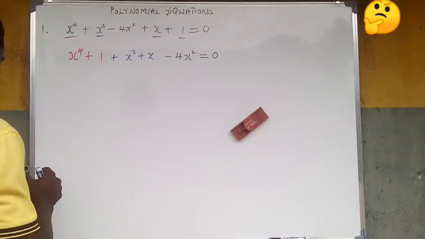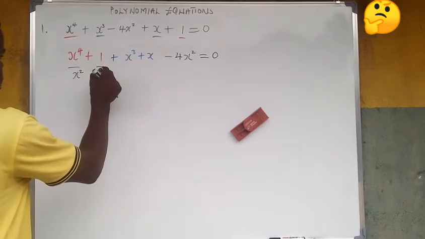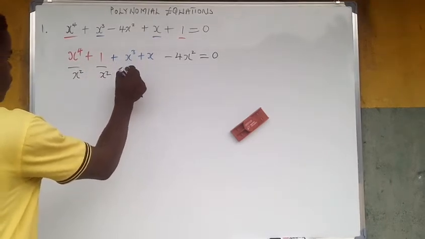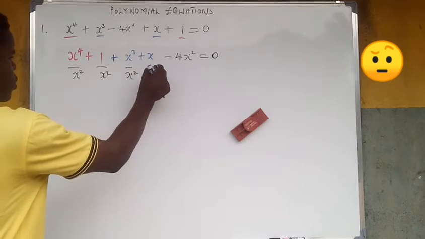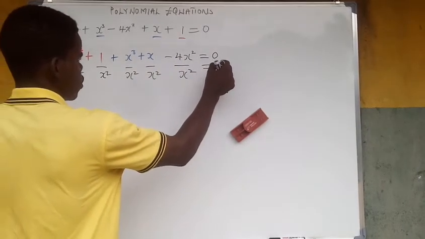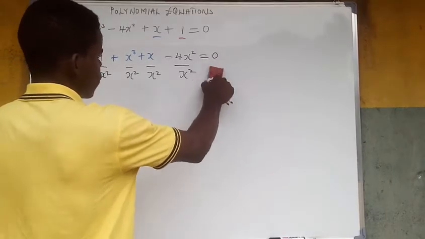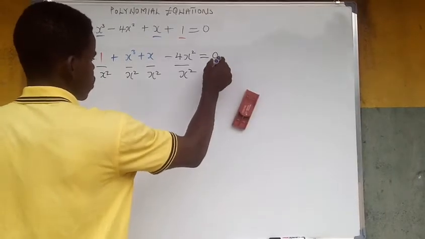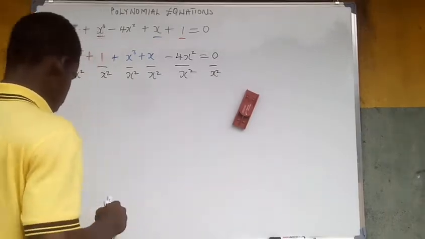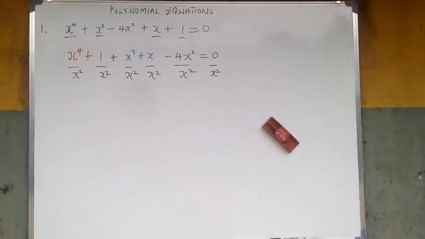That means this divided by x squared, this divided by x squared, 0 divided by x squared, everything divided by x squared.